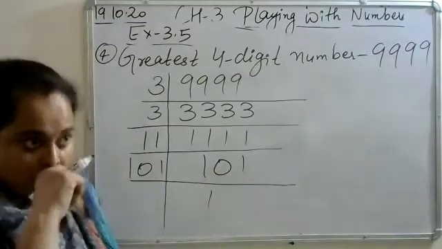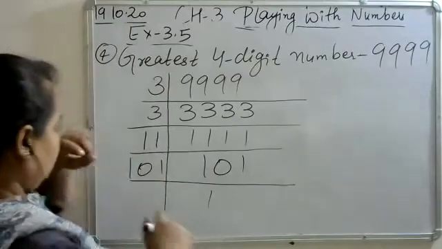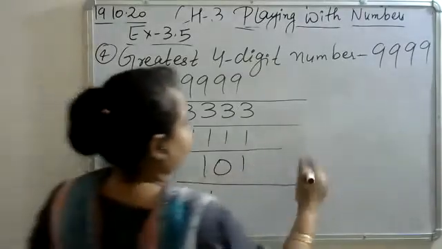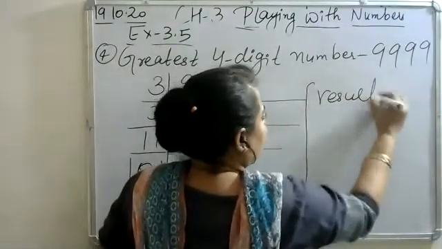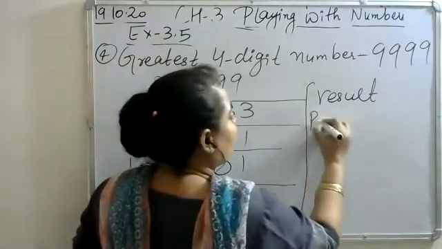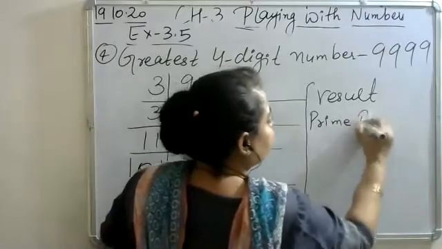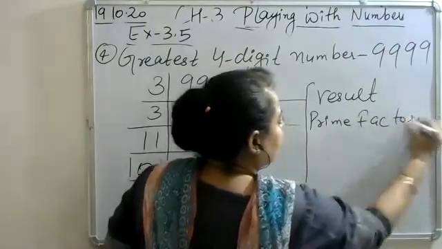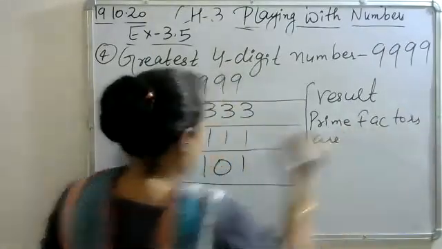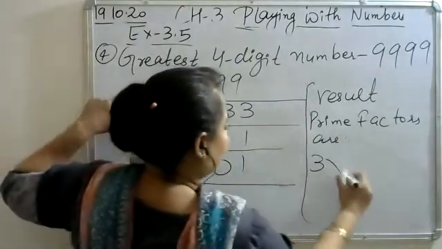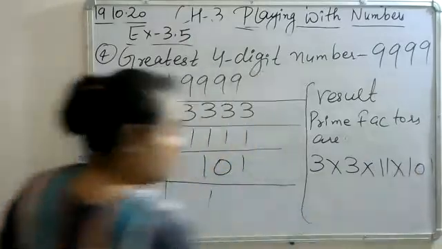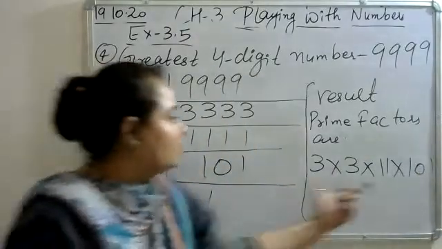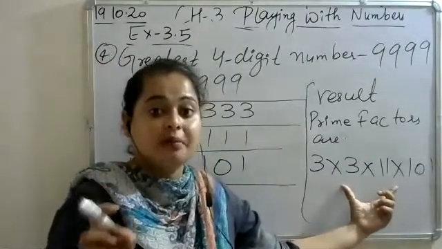So in the end, in the result, you will write prime factors are 3 multiply 3 multiply 11 multiply 101. This thing is very, very compulsory.